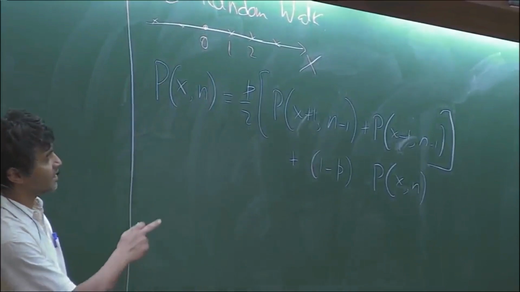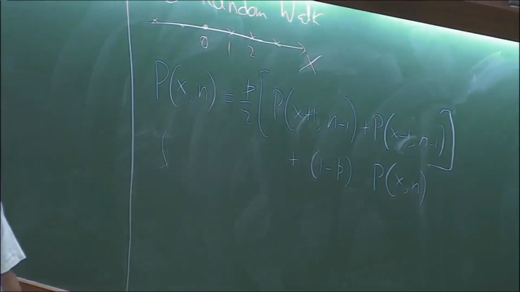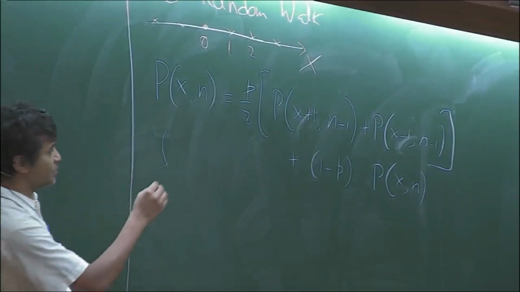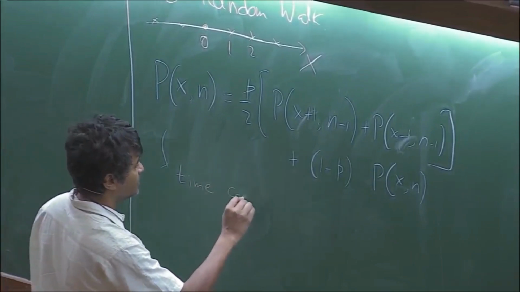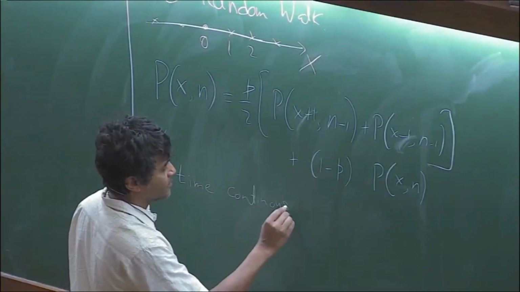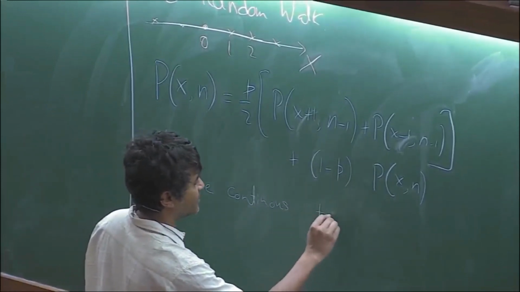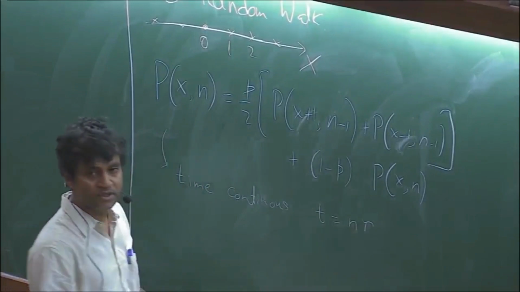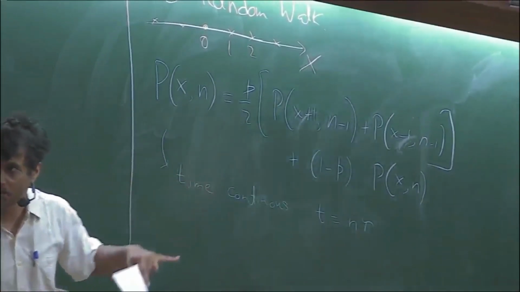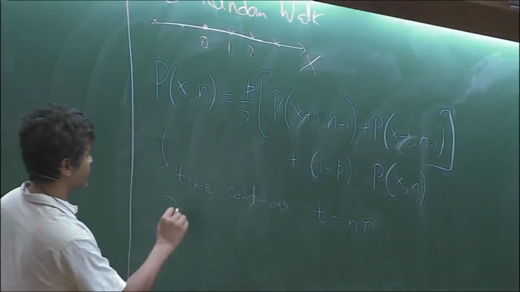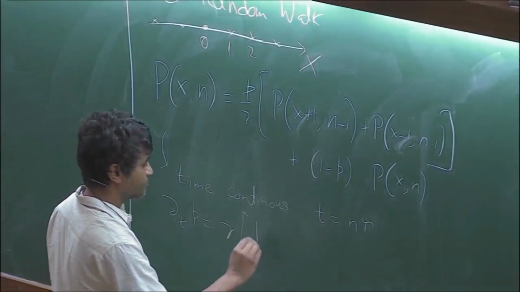Okay, and then we said you can do various limits. If you take the limit of time continuous, then you define time as some n tau. So each time step takes some time tau, and then in the limit that tau going to 0, p going to 0, and p by tau finite, it gives you an equation which is del p equals to some rate times this.